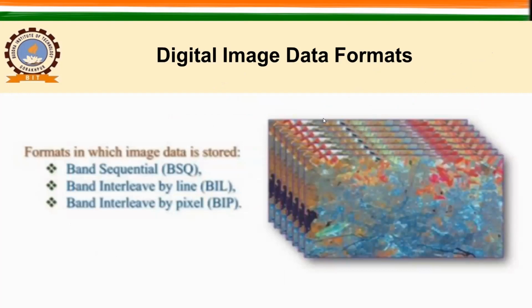So there are 4 different types of data format which we use to store our digital numbers. When we get images in the form of digital numbers, how will we store them? There are different data formats for that. Whether you have 4, 5 or 6 bands, here I will use a 3 band example and show you how these images are stored together in band sequential data format, that is BSQ, band interleaved by line, that is BIL, and band interleaved by pixel, that is BIP.